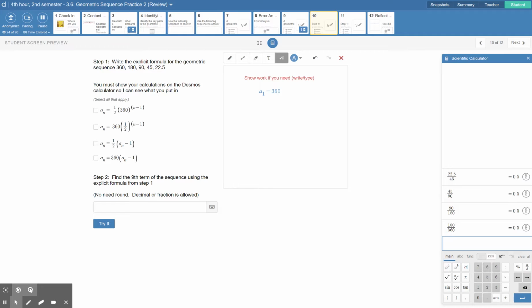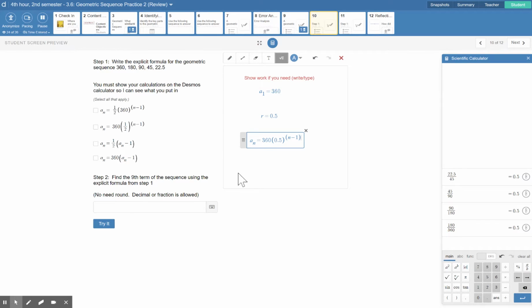So once you have the common ratio, that's going to be your r value. So your r is 0.5, or you can make it a fraction, does not matter. And then you put it into the formula. So a sub n equals our a value, which is 360, parentheses, and then be careful here. You want the n minus 1 here. So just match that up to the problem on slide 10.